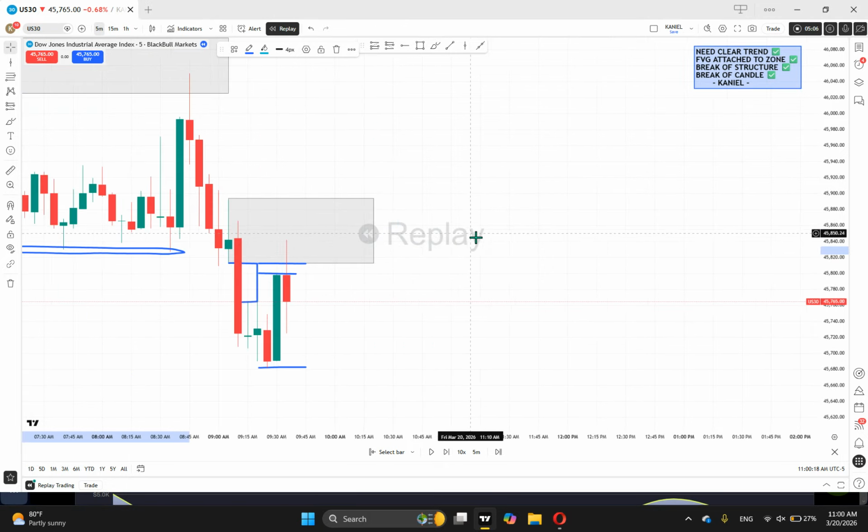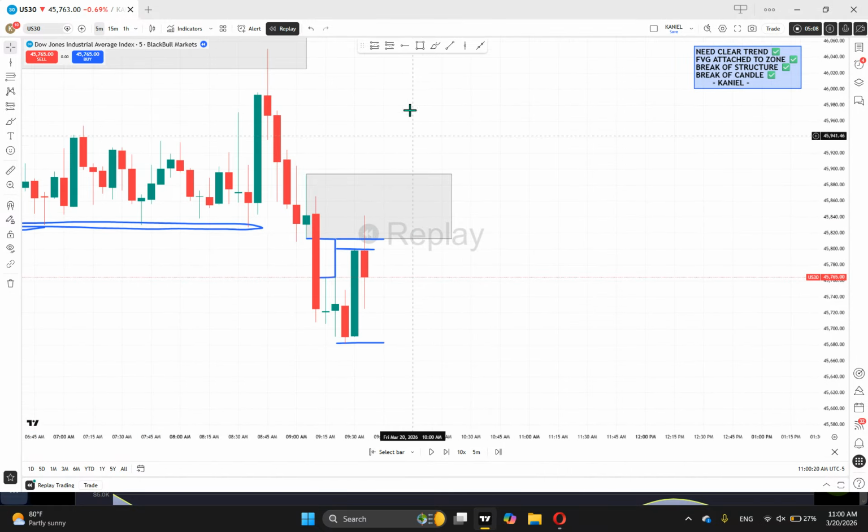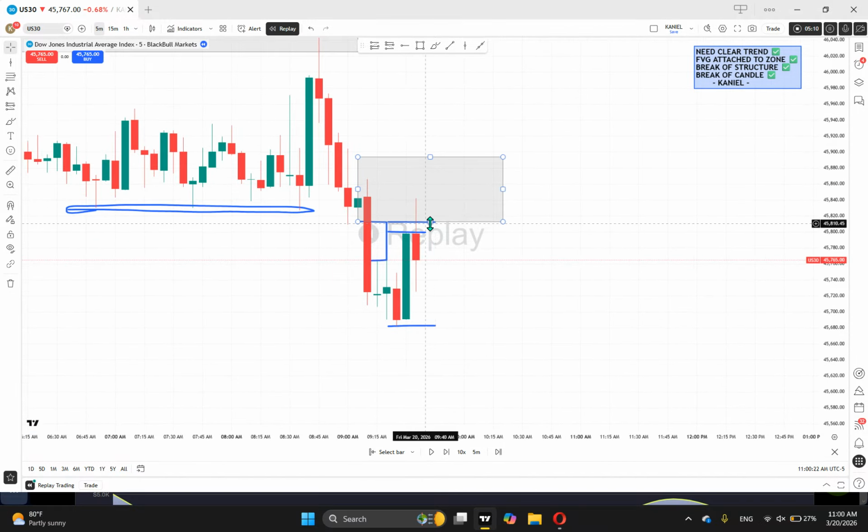So we got the top, great rejection. The next confirmation we need is a break of candle confirmation. That would be the next candle that is playing out going below this candle, and that's where we would enter. Alright, let's wait and see.